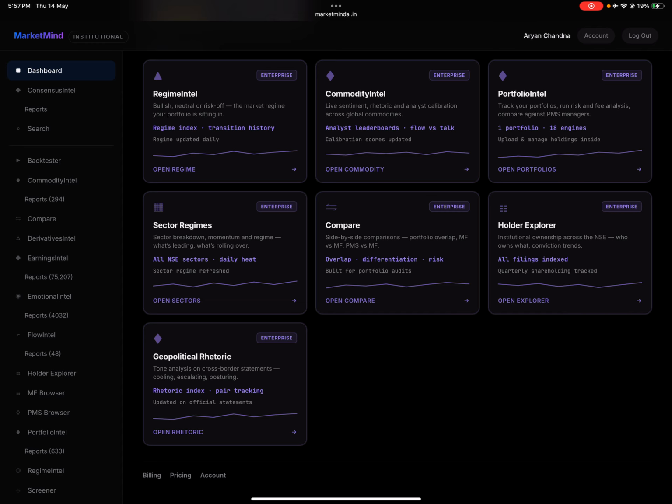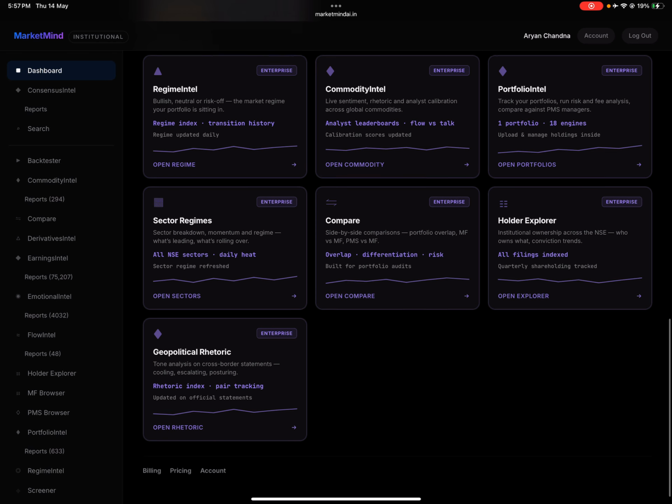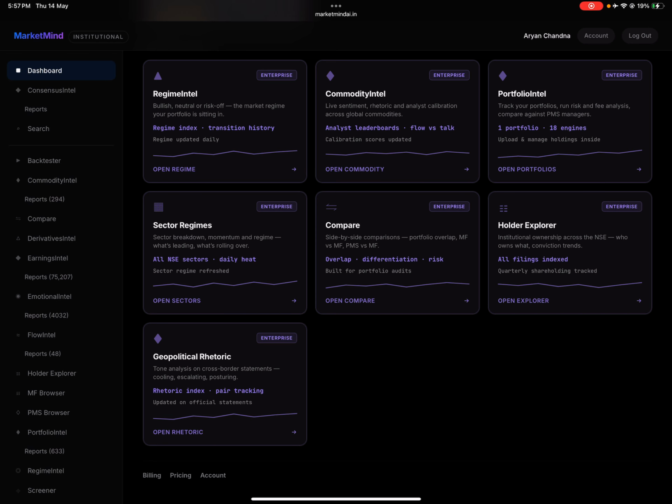Portfolio intel allows you to track your portfolios alongside and compare them to all of our available portfolios, run risk analysis, max drawdown analysis, all sorts of good stuff, and private portfolio analysis.